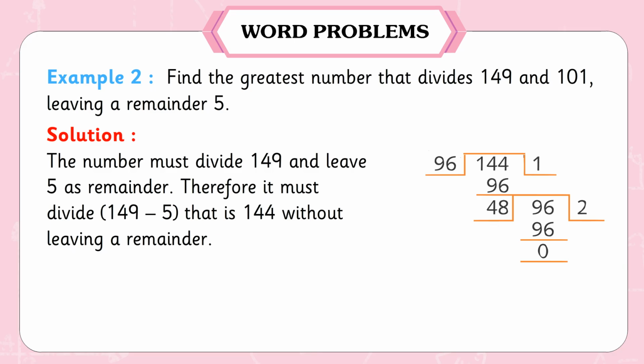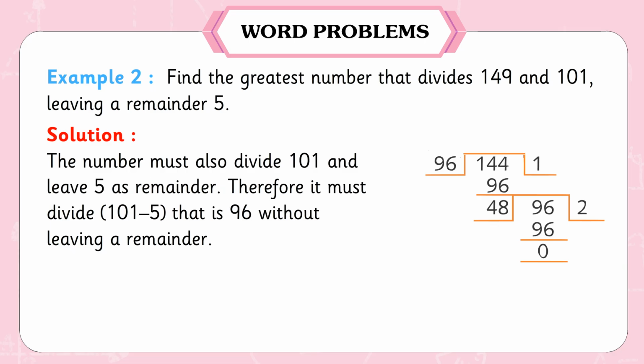Therefore, it must divide 149 minus 5, that is 144, without leaving a remainder. The number must also divide 101 and leave 5 as remainder. Therefore, it must divide 101 minus 5, that is 96, without leaving a remainder.